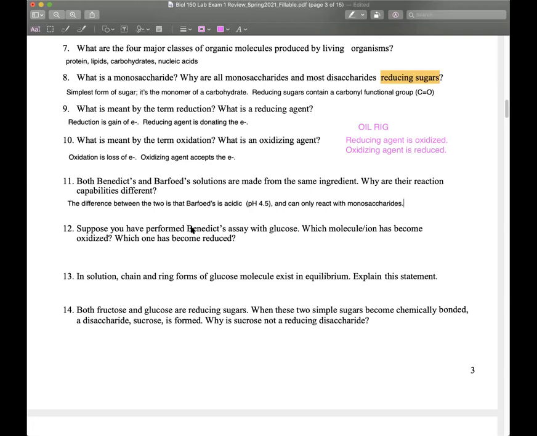So if we perform this Benedict's assay with glucose, we know glucose is a carbohydrate monomer. So what is being oxidized and what is being reduced? Oxidized, what is losing the electron, and reduced, what is gaining the electron?